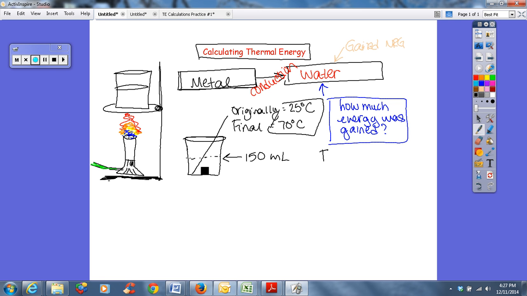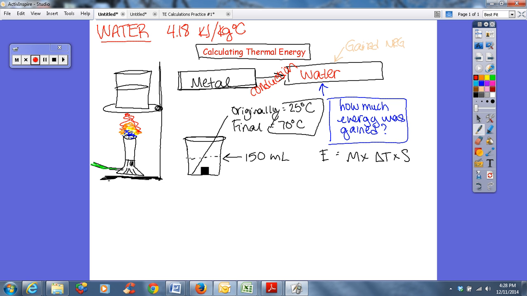So energy equals mass times change in temperature times specific heat. I will always give you what specific heat is of the material that we're working with, and the specific heat of water, you'll probably end up memorizing this, is 4.18 kilojoules per kilogram degrees Celsius.